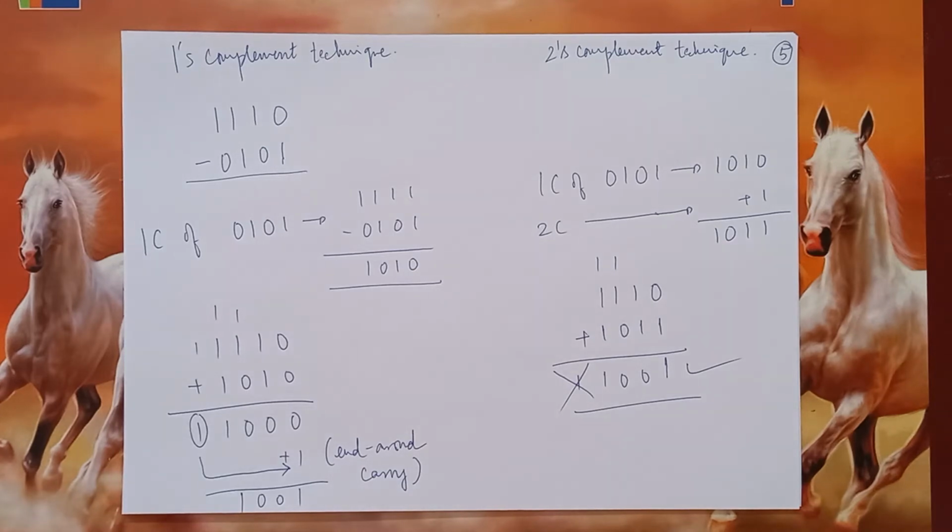So therefore, we can now redefine that binary subtraction is nothing but 1's complement addition or 2's complement addition. So what we are essentially doing is converting the subtraction method into addition.